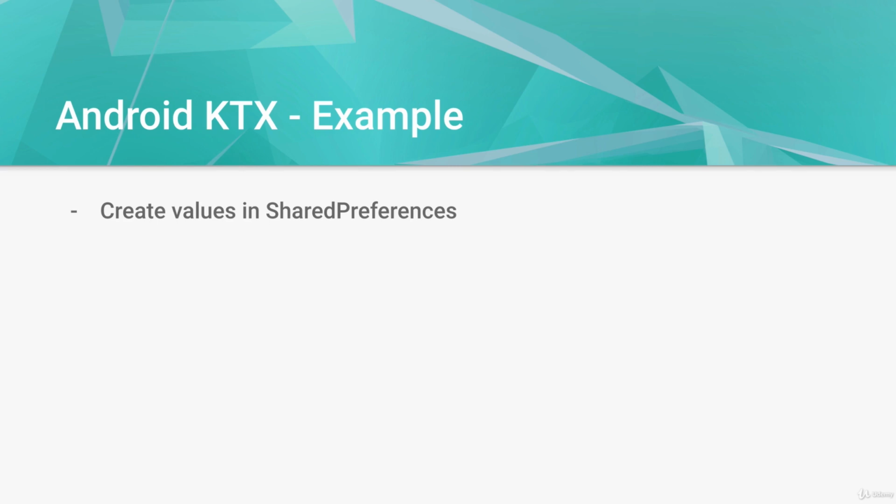Right, so one of the important examples that KTX implements is to create values in shared preferences. And we will actually be using this particular functionality later in our code when we start to store shared preference values.